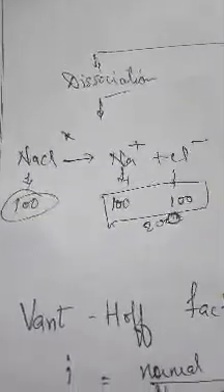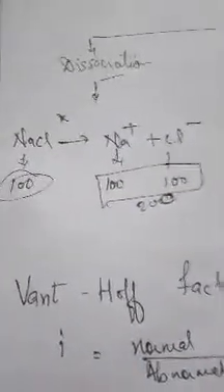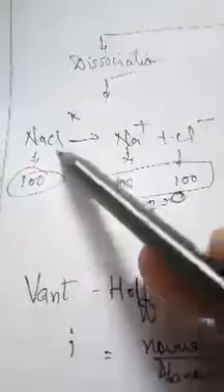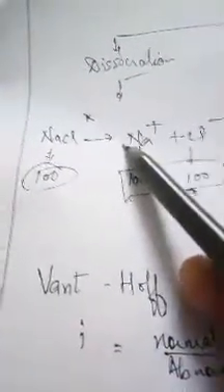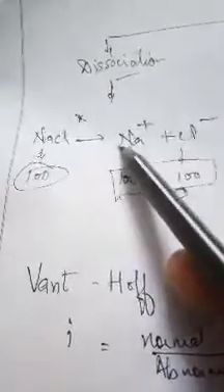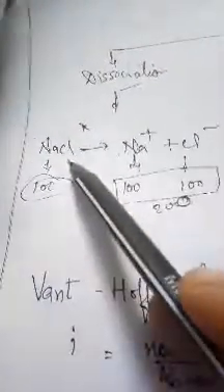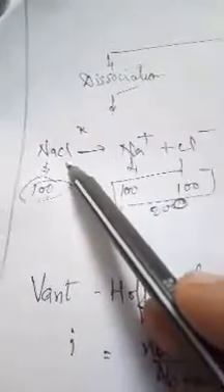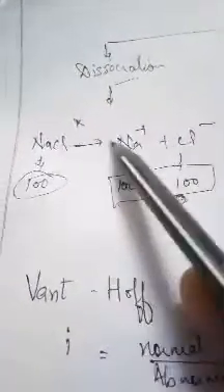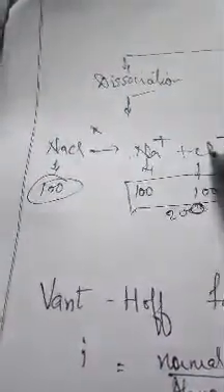Now see one example of explanation. This is dissociation. I've taken the example of NaCl. If we dissolve NaCl in water, it dissociates to form sodium ions and chloride ions. We never say half sodium and half chloride.